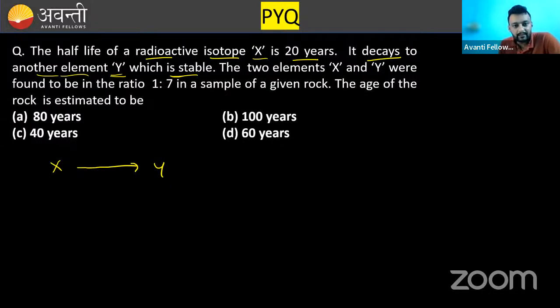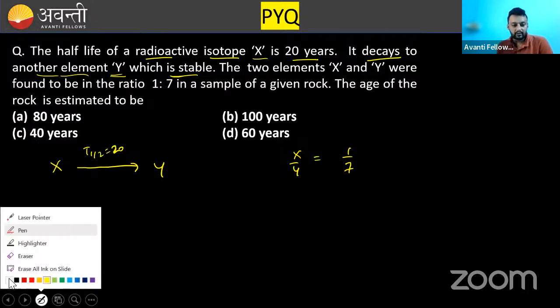The two elements X and Y were found in the ratio 1:7. And the half-life of X is 20 years, so T half equals 20. What are they asking? What will be the age of the rock? Now listen very carefully.